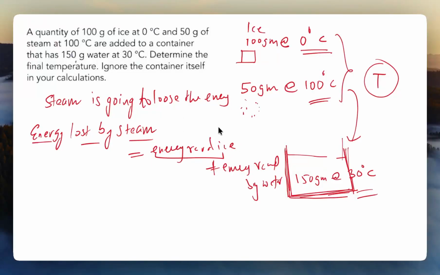So I'm going to break it down in a little more detail now. First, on the left hand side, steam converts to water, and whatever energy that loses, and then the water is going to cool down from 100 degrees Celsius to final temperature T, right?